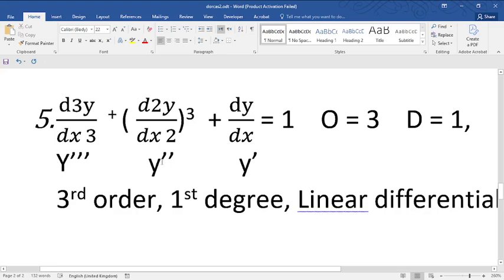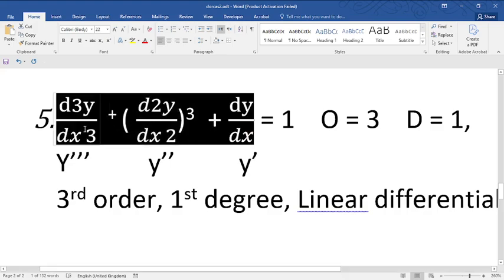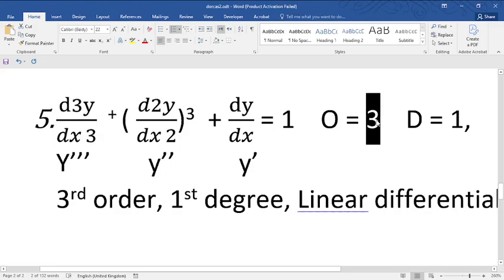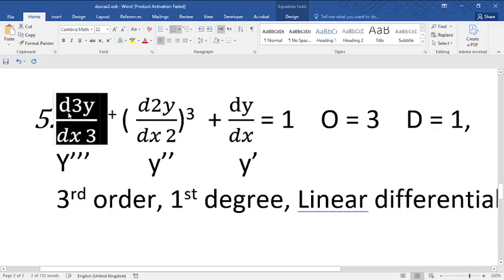And then here is the last one. You have d cubed y over dx cubed, which has been differentiated 3 times. d squared y over dx squared has been differentiated 2 times, and also dy/dx has been differentiated once. So the highest differential coefficient here is this big one, which has been differentiated 3 times. That 3 is now going to be denoted as our order, and then you have to check this differential coefficient.